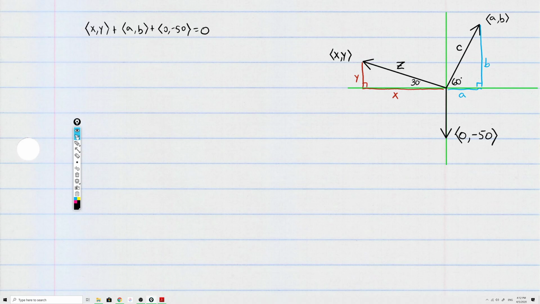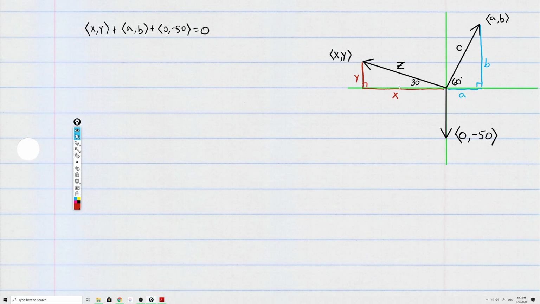Of course, there's quite a bit more to be said. This vector equation looks like it has 4 variables in it. Well, that would not be very fun. So let's go back to the diagram and use some other things that we know about vectors. In particular, you want to use the information from my previous video about component form. If you have not watched that, you will need to.